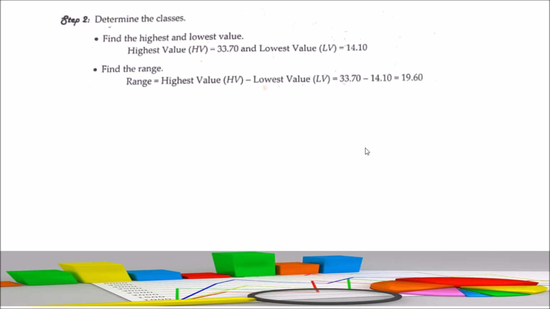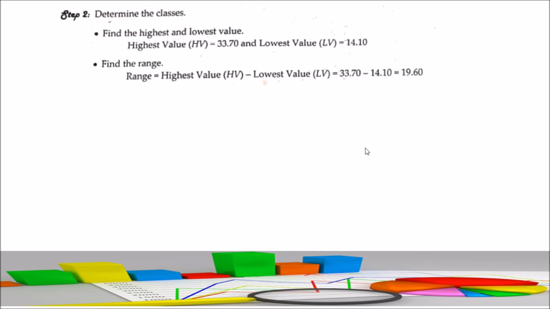Then step 2, determine the classes. Find the highest and lowest value. Our highest value is 33.70 and the lowest value is 14.10. To get the range, we need to subtract: highest value minus lowest value gives us 19.60. That is now our range.